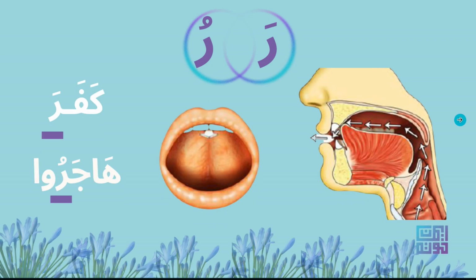Let's go into more details. The letter ra has a special exit, a special way of pronouncing it. Now, for all the letters, the air goes from here, passes through the vocal cords, and guided with the tongue or the lips and the teeth, the letters are pronounced.